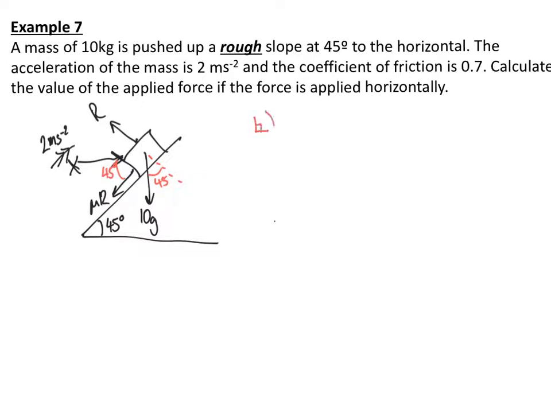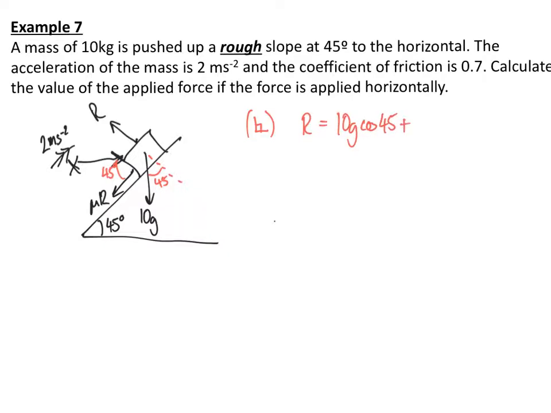Let's resolve perpendicular to the slope. We just need to be a little bit careful here, because acting out of the slope, we have a normal reaction, but actually we have two forces that are acting into the slope. And so we're going to get that R is equal to, well, we've seen the 10g cos 45, that's the easy one.